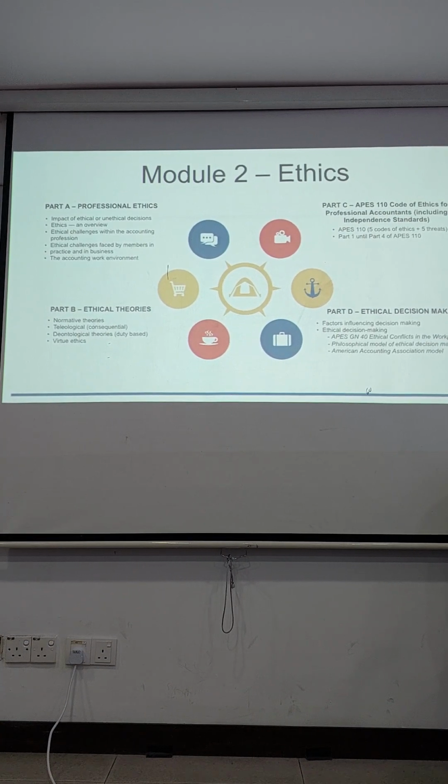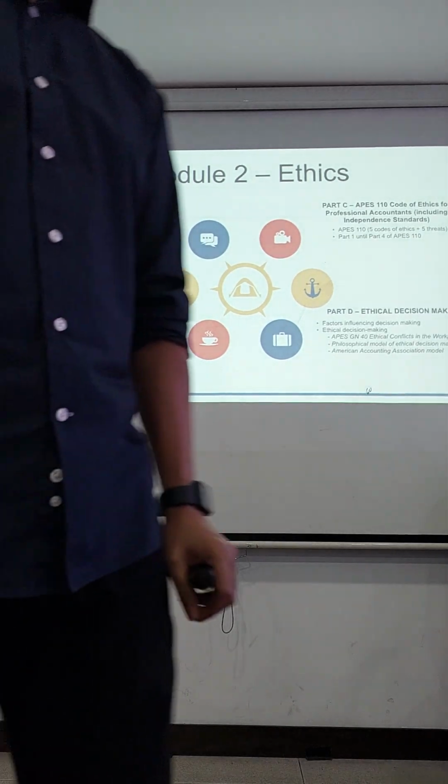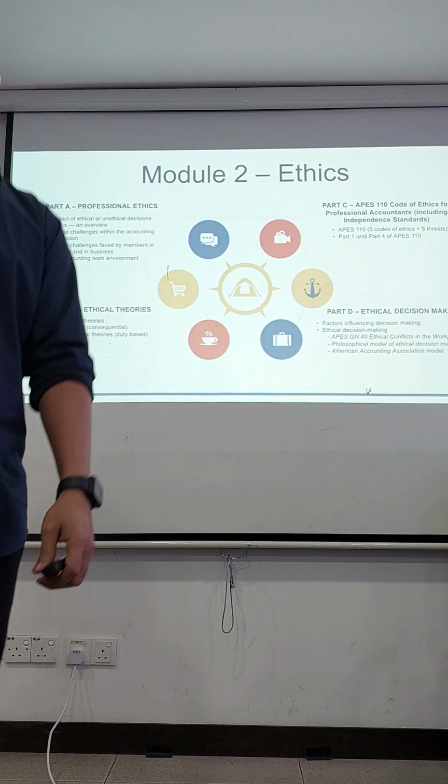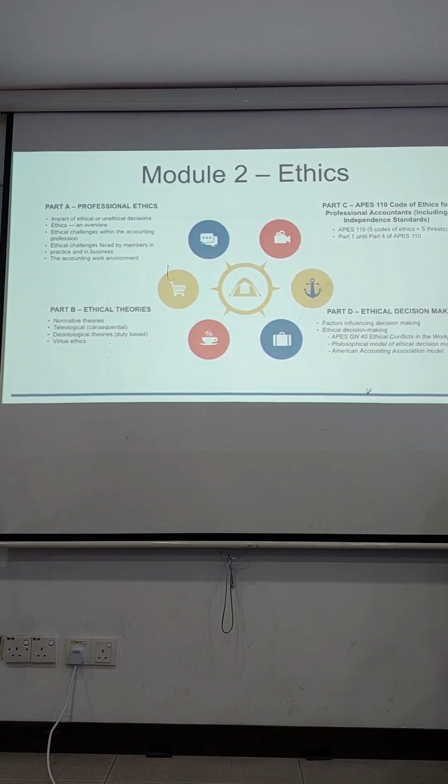Part C: members in public practice, for those who are working in audit firms, not necessarily Big Four, but accounting firms. And part D, for those who are working in audit and assurance.